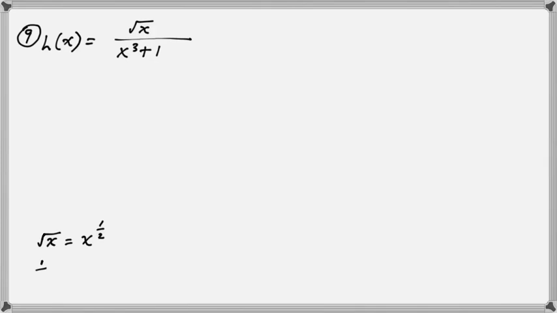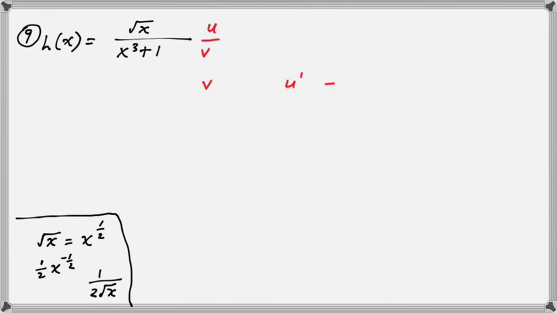Its derivative would be power base 1 less power. So the derivative is going to be this. That's simply the derivative of the top. Anyway, we have a quotient, so I have to use a quotient rule. U over v. It will become v u prime minus u v prime, all divided by v squared.